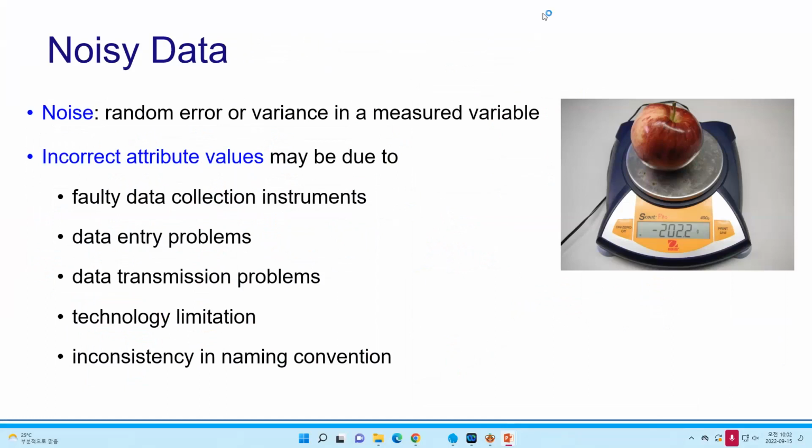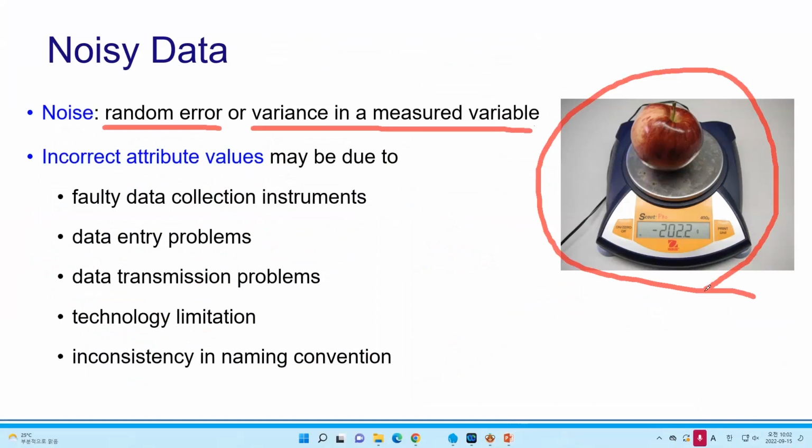Noise is the random error or variance in a measured variable. For example, when you want to know the weight of an apple, you put the apple, but the weight shows minus. Of course, this is an error.